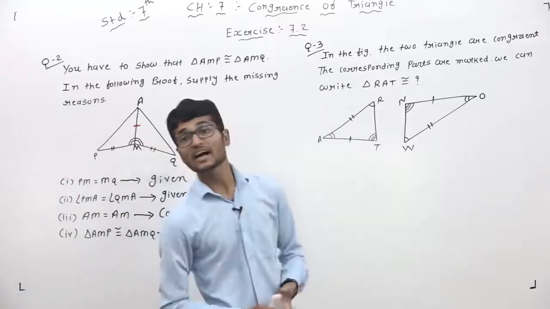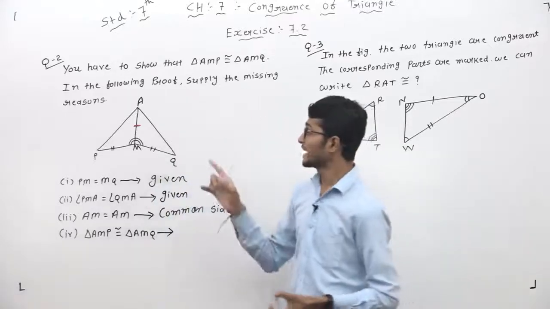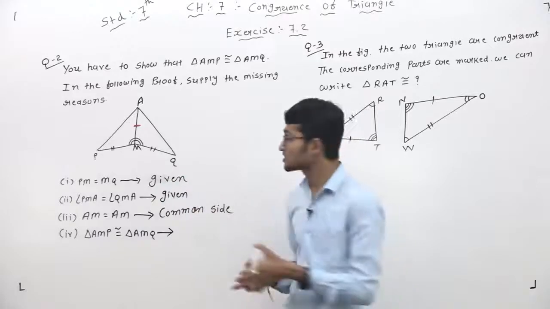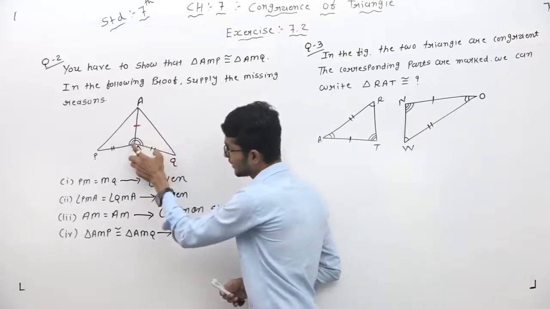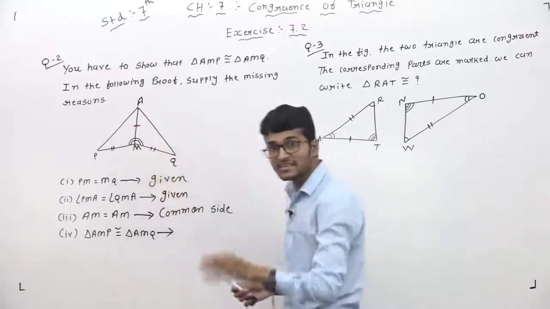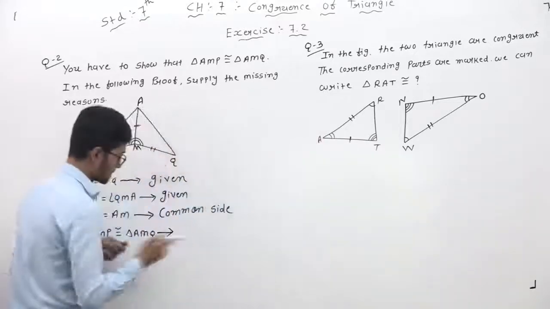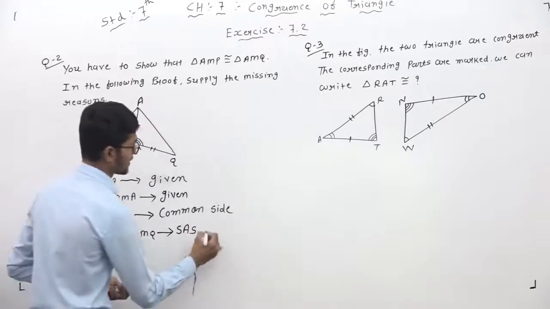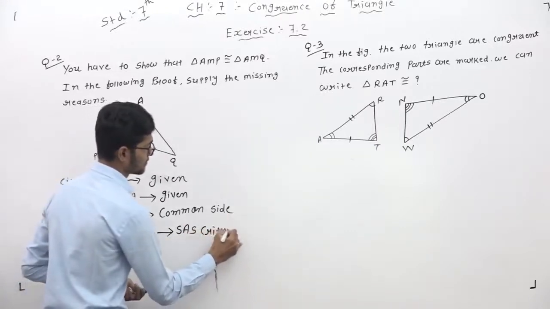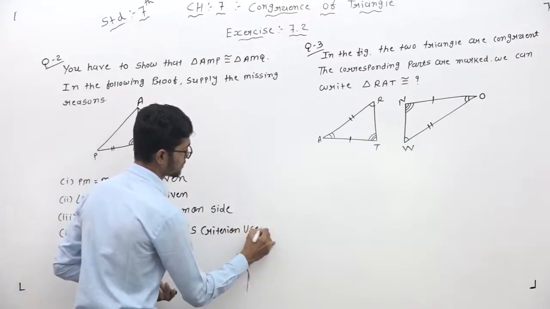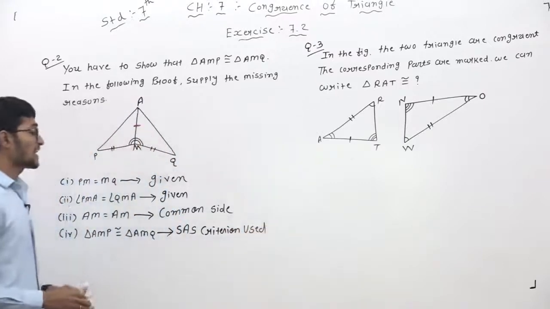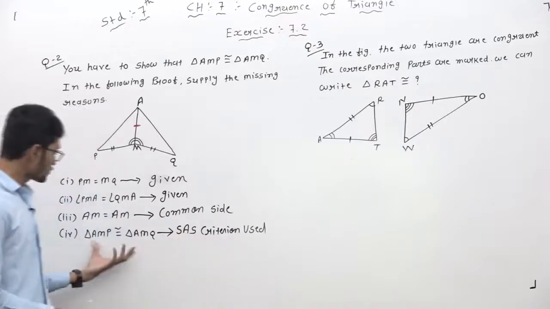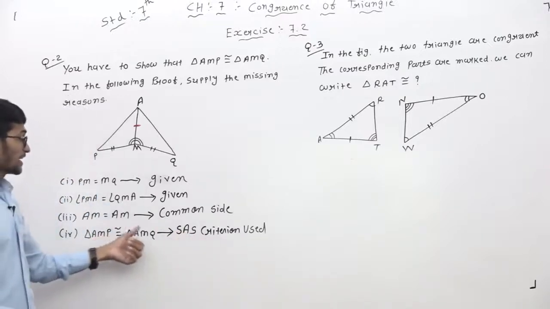Which criterion is used? See, S, A and S: SAS, it means side, angle, side. SAS criterion is used. Using the SAS criterion, how did these two triangles become congruent? These two are congruent triangles, AMP and AMQ.